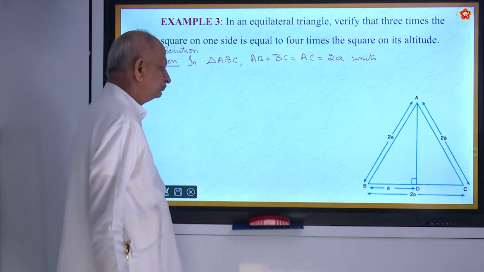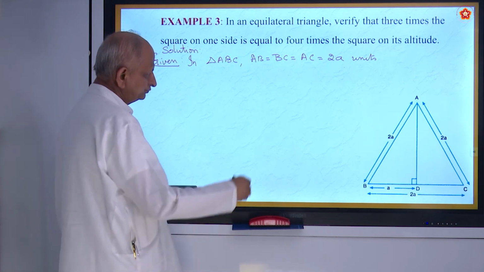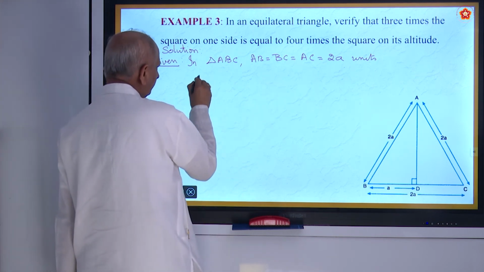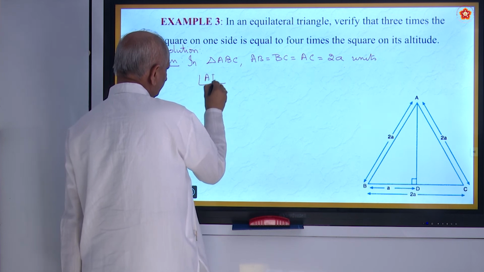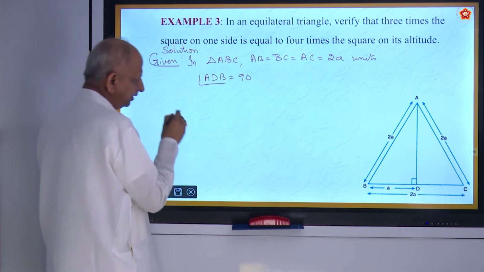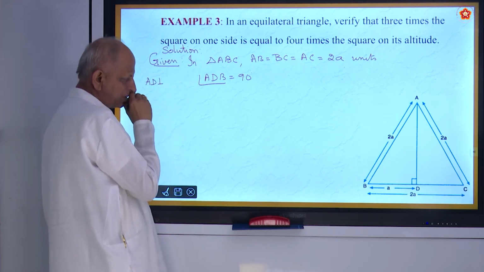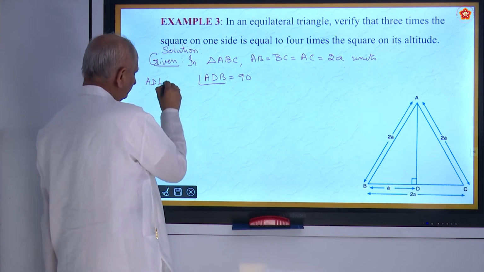Now, if that is 2A, you are drawing an altitude. So, angle ADB becomes 90 degrees because you have drawn AD perpendicular to BC.